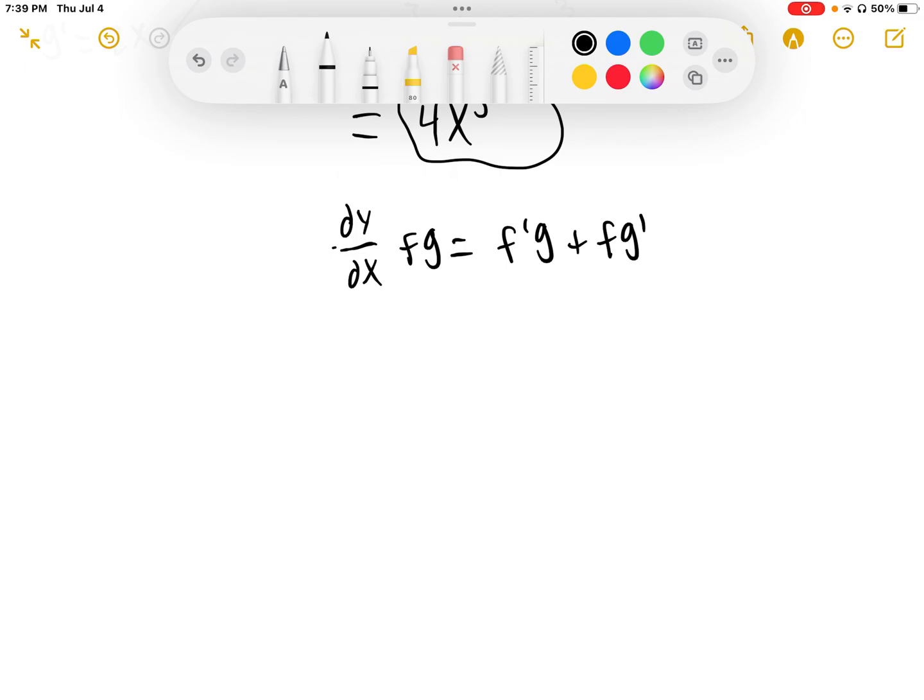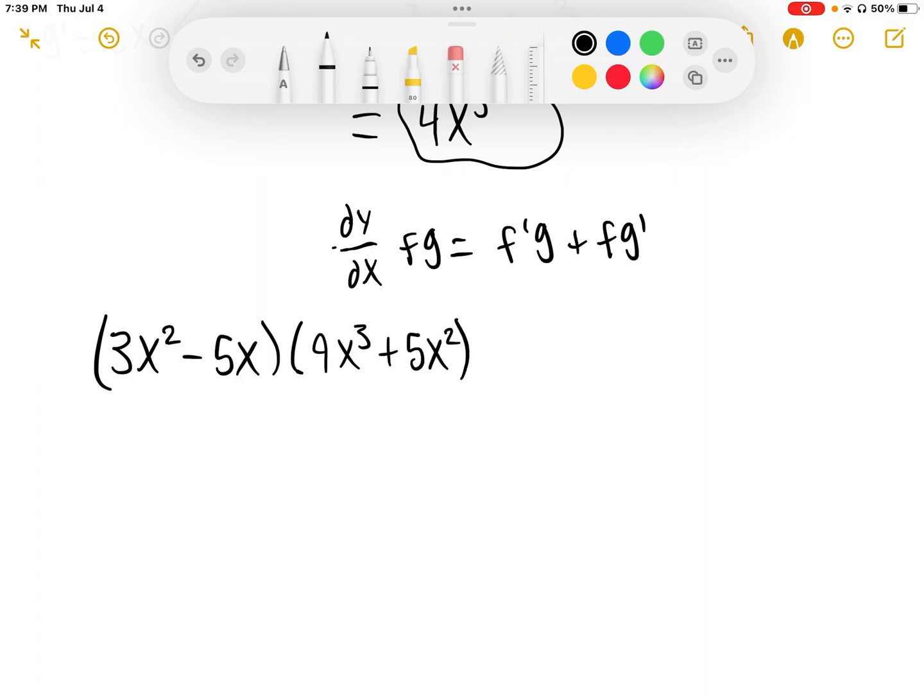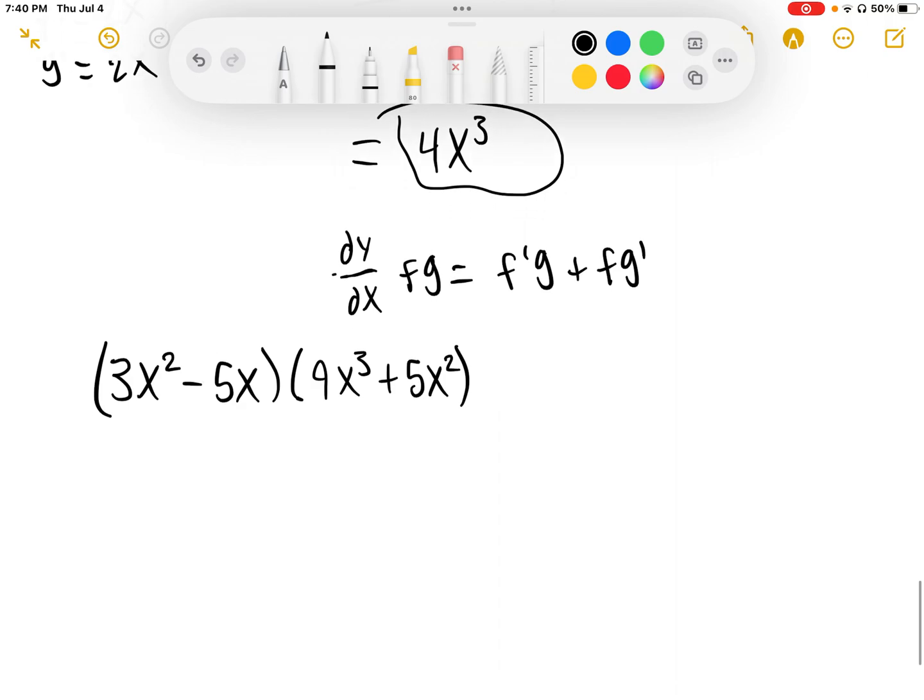If we want to find this for, let's say, 3x squared minus 5x times 9x cubed plus 5x squared. So you could just FOIL all this out and then take power rules of each individual term.